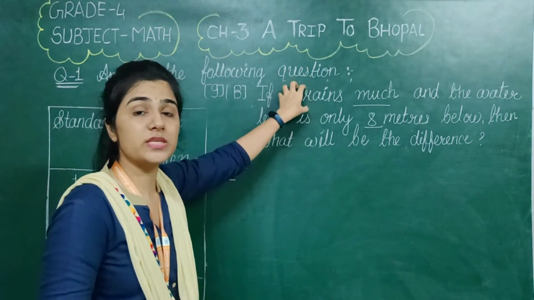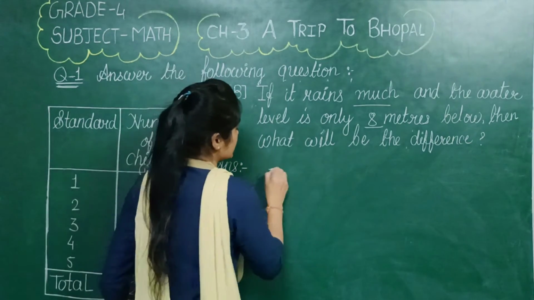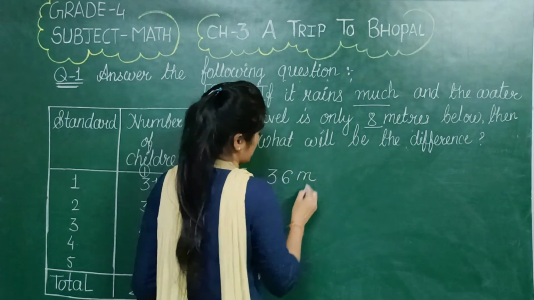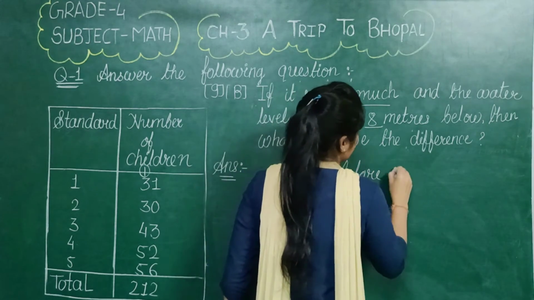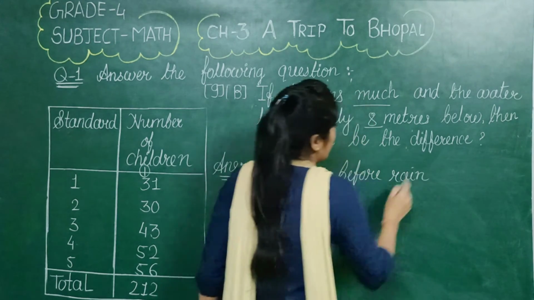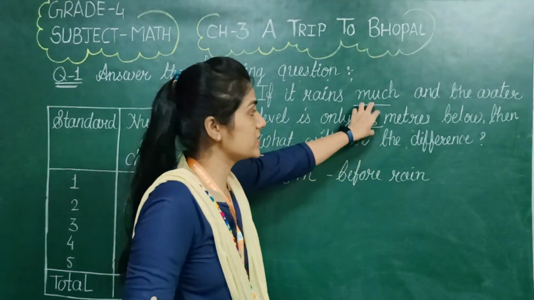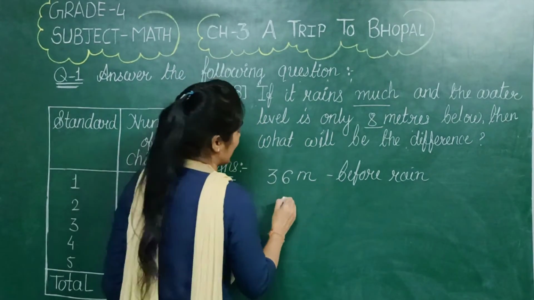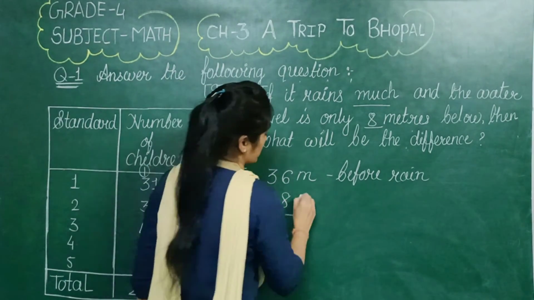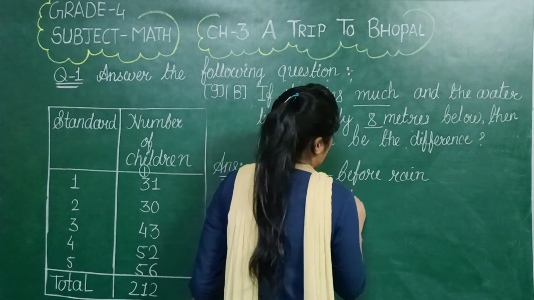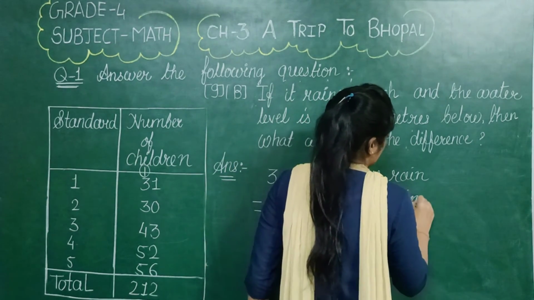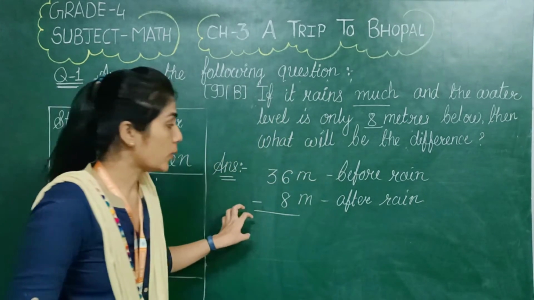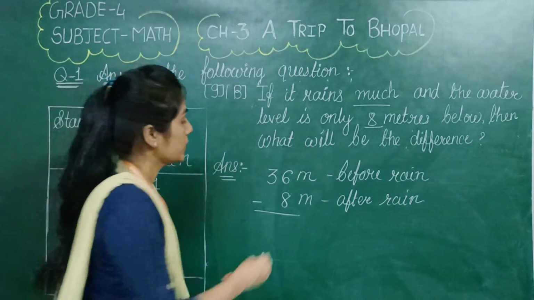What is the distance before the rainy season? That is 36 meters, right? This was before rain. And in this question the distance is just 8 meters after rain, right? So what is the difference between these two?